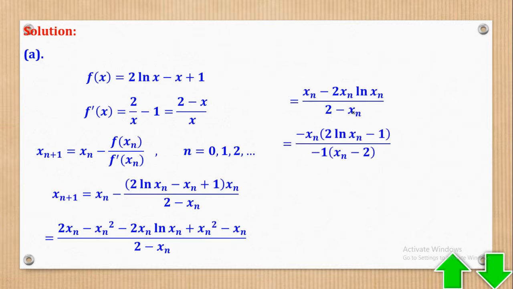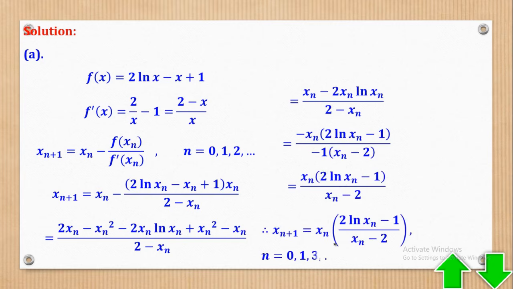Then next is to rearrange into the format which was required in the proof. In the proof, this was positive, so I have to multiply up and down by -1 to come up with this. In this case, ln has been made positive, and basically that's what they wanted. So we conclude that xn+1 is equal to this required proof.